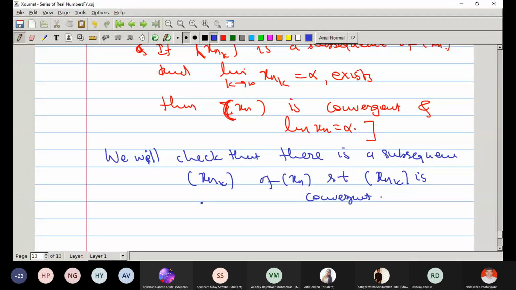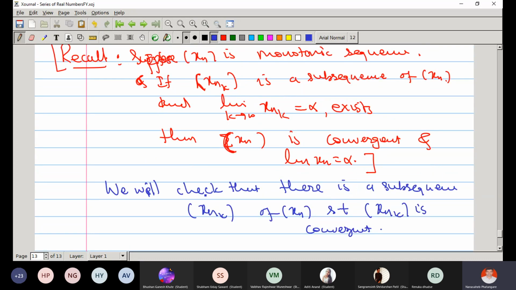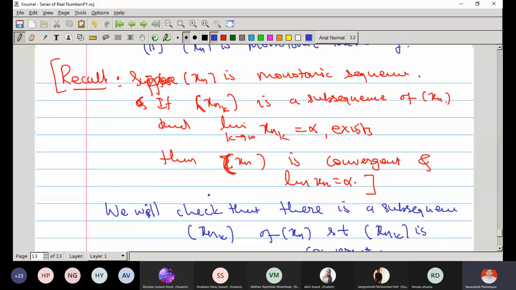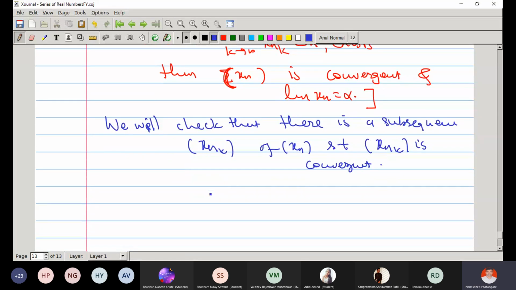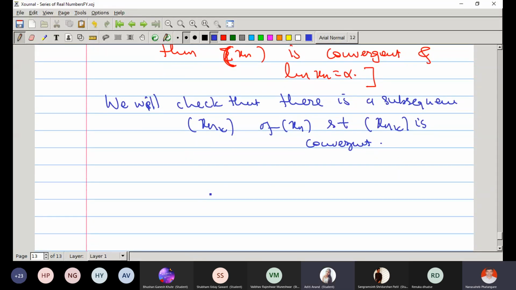Then from that we will be able to declare that our sequence xn is convergent and hence the corresponding series is convergent. The idea is clear. What is the strategy? Do you understand? Yes, sir. And why are we using this strategy? Because our sequence xn is monotonic increasing. That's why it is possible to apply this strategy.